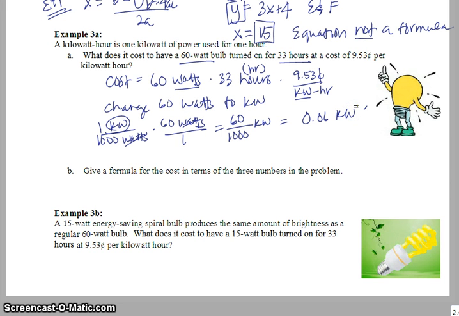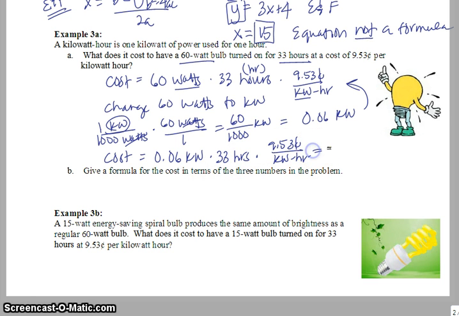So we're going to plug that back in, and we can say cost equals 0.06 kilowatts, because we converted it to kilowatts, times 33 hours times 9.53 cents per kilowatt hour. Now all our units match up. We have kilowatts and hours.